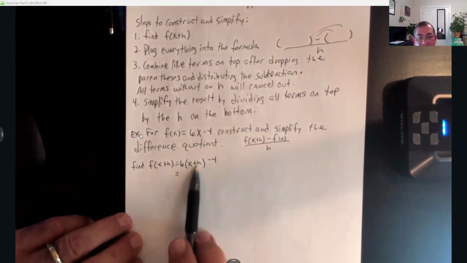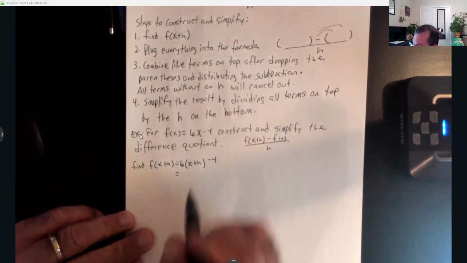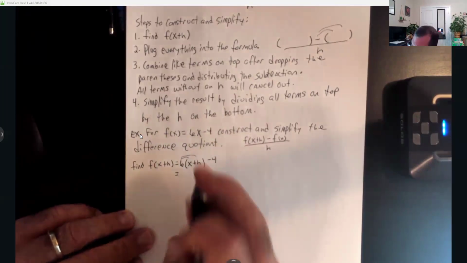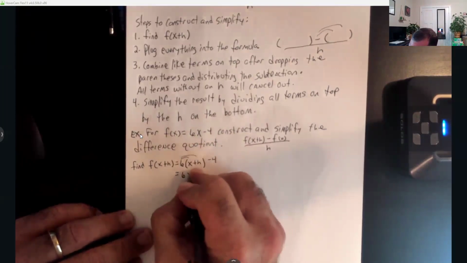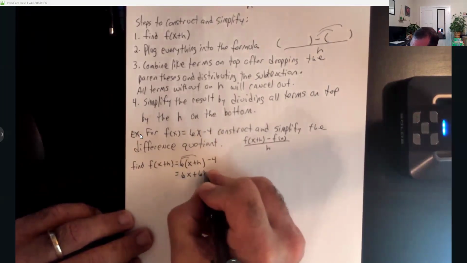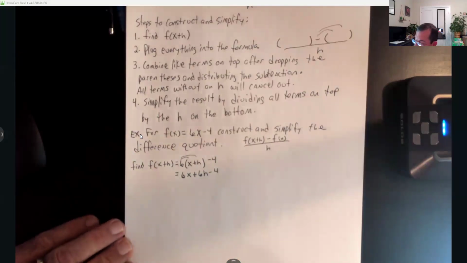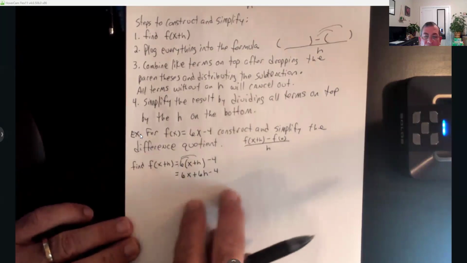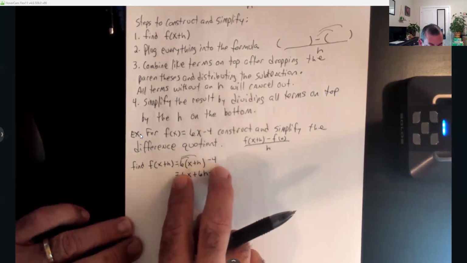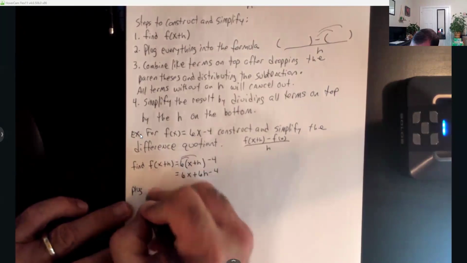So let's simplify this, and then we'll plug it into our formula. So y'all, to get rid of parentheses, you're going to distribute your 6. So we got 6 times x is 6x, plus 6 times h is 6h, and then we got our minus 4. So notice, I cannot do anything else to this. So this is now f of x plus h. So then we said we're going to plug into the formula.